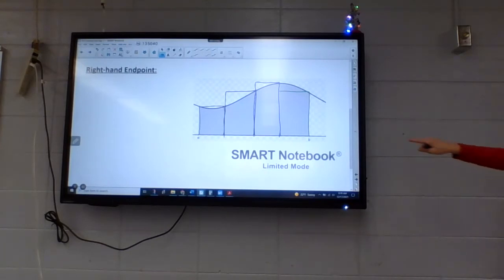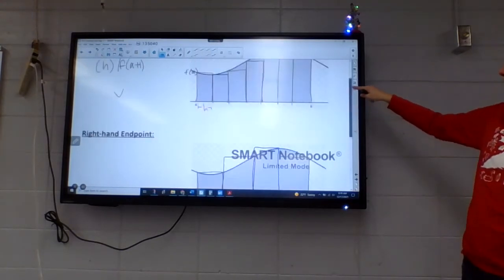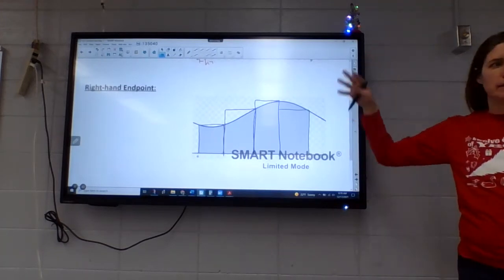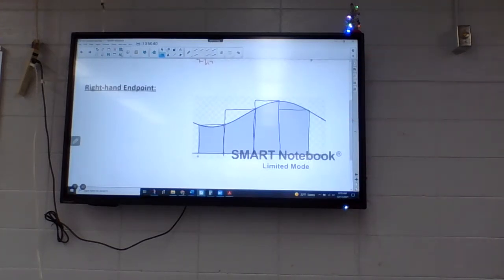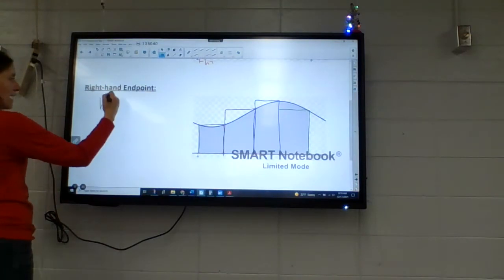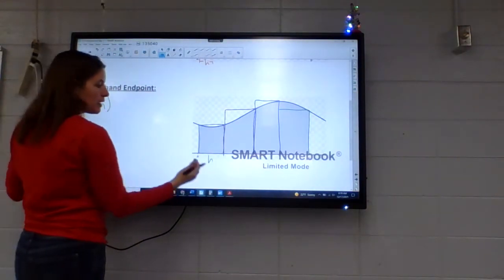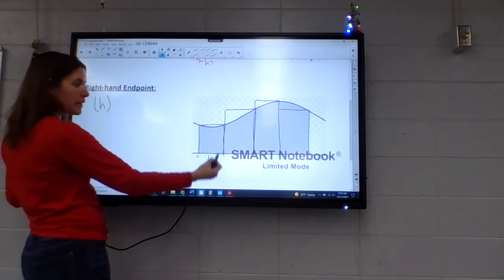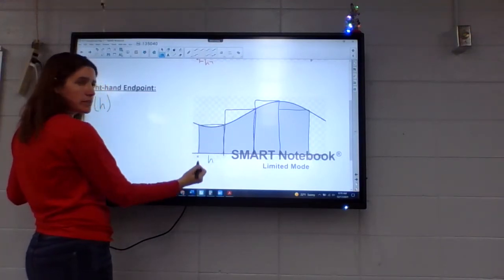And yeah, you can make a decision about which approximation looks better, which one fits the curve better. Hopefully you're noticing that the top one, where we had more rectangles, a left-hand endpoint made more sense. However, when we find the area for this one, it's going to be the h again across the bottom. And then the height, how tall we go this time, we don't use f of a.